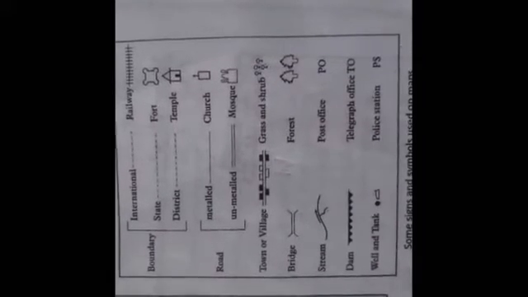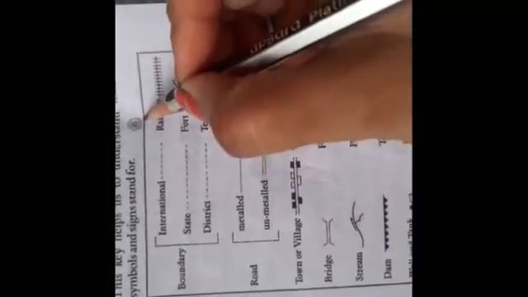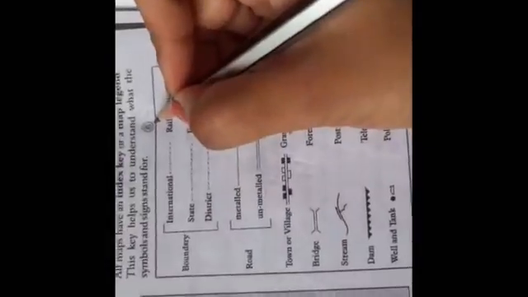These symbols are drawn in different colors. For example, a dot with a circle marks capital cities.